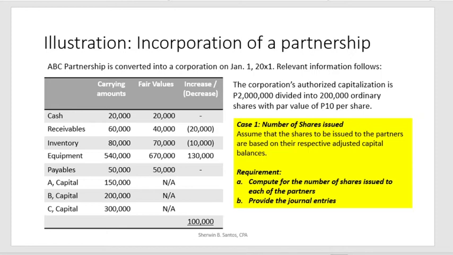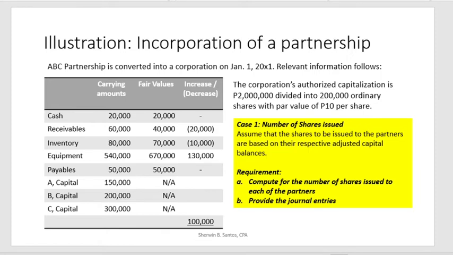So, diyan, pinakita na yung receivables ay bumaba, ang fair value, inventory, bumaba din, equipment, tumaas by 130,000. So, the net increase and decreases is a net increase of 100,000. So, tumaas ang asset ng partnership as of the date of incorporation.